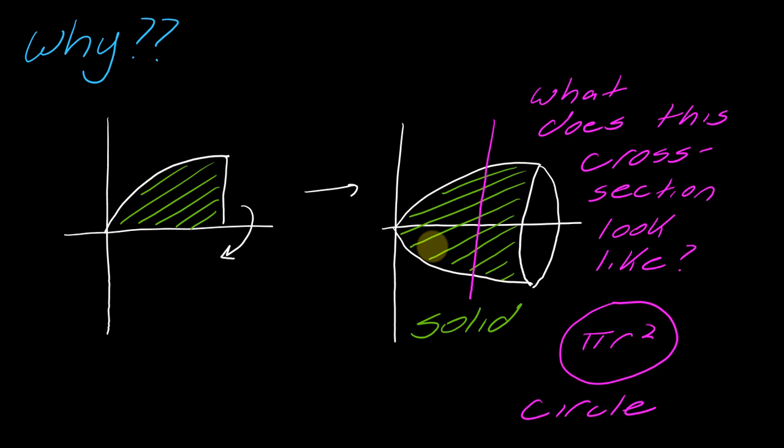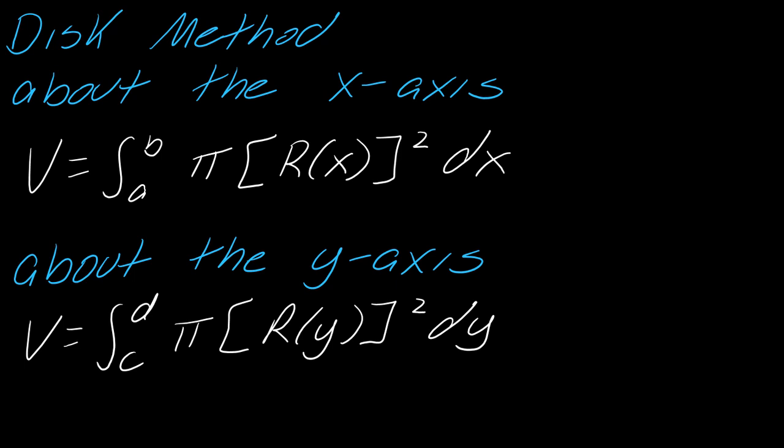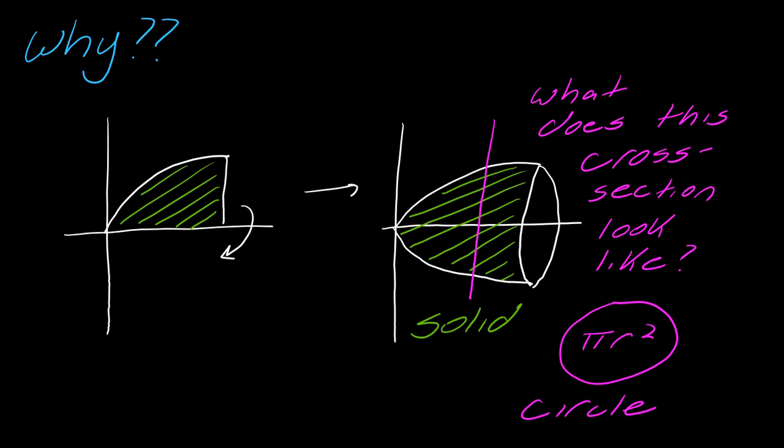The beauty of integration is that it can take an infinite number of these slices, and we'll basically be calculating this pi r squared formula for each one of them. Integration does that on an infinite scale, because integration is ultimately just an infinite sum, or a Riemann sum. That's why it will sum up all of these pieces.